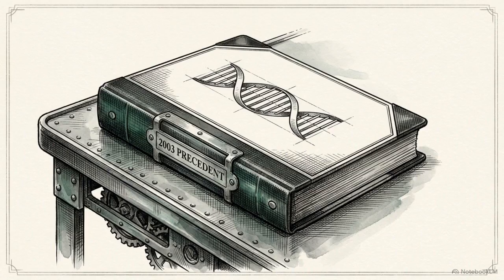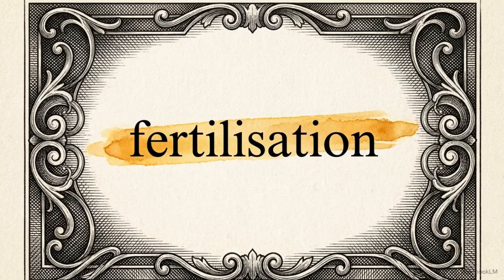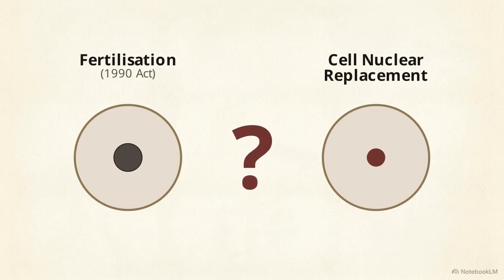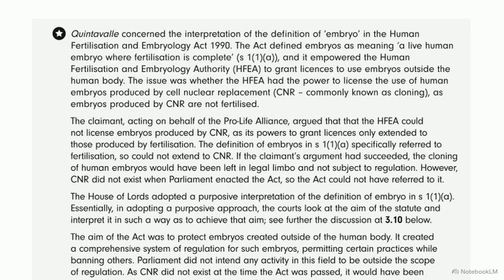A major example of this is the 2003 decision in Quintavalle. The 1990 Act defined an embryo as a live human embryo where fertilization is complete. The question was whether this covered cloned embryos created through cell nuclear replacement, which does not involve fertilization. Parliament could not have named cloning in 1990 because the science did not yet exist.